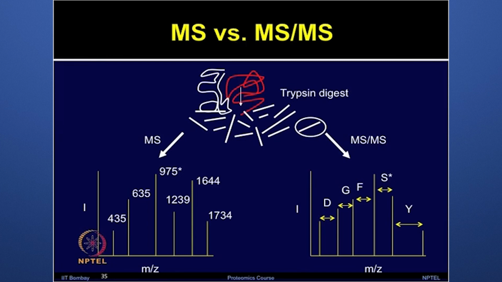The first stage can do selection of an ion for its subsequent fragmentation, and then in the second stage, this ion is fragmented by using different types of fragmentation methods such as CID or ECD, and then sequence information may be obtained via de novo analysis of the spectrum.